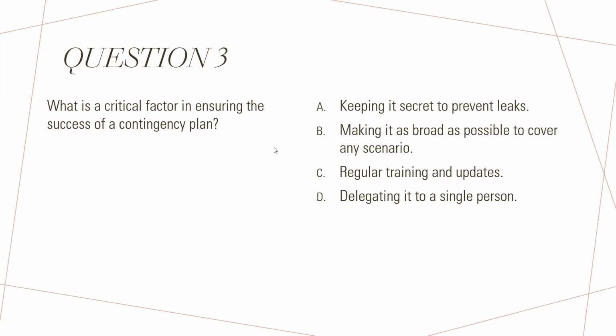Okay, so the question is very simple. Without any scenario, what would ensure the success of a contingency plan? The majority of the answers say it should be B, that we need to make a broad plan.